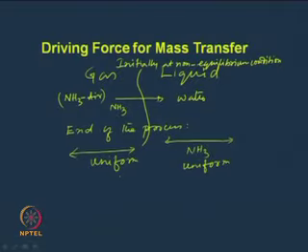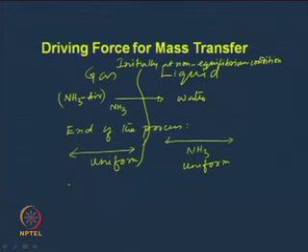So, then what is the true driving force for this mass transfer? If we see the chemical potential of ammonia in liquid as well as in the gas phase, both are the same, or the activity of the component is the same in both the phases.